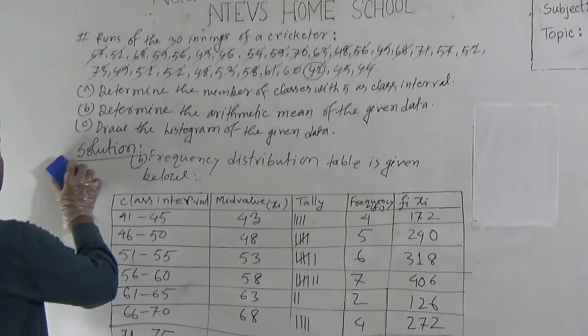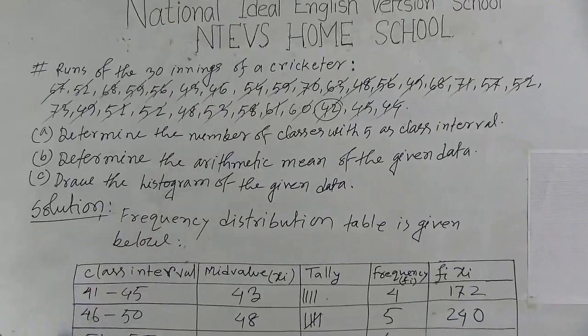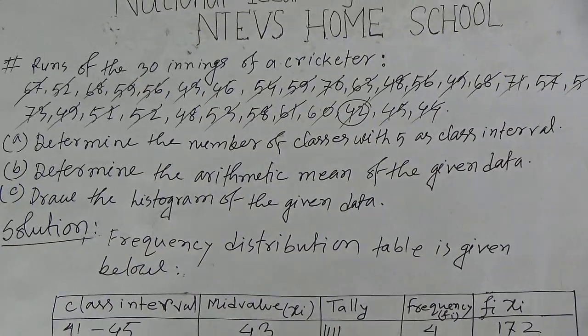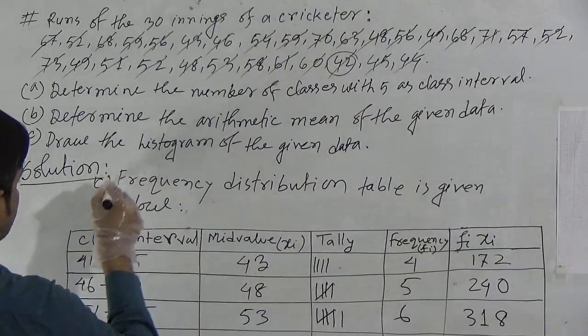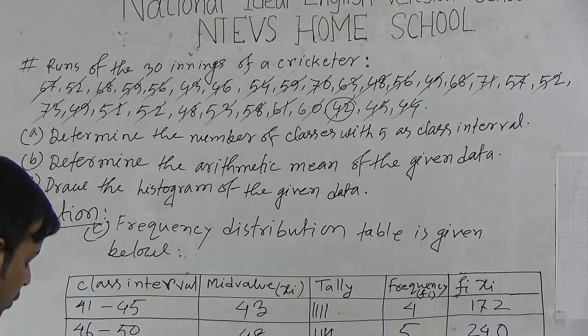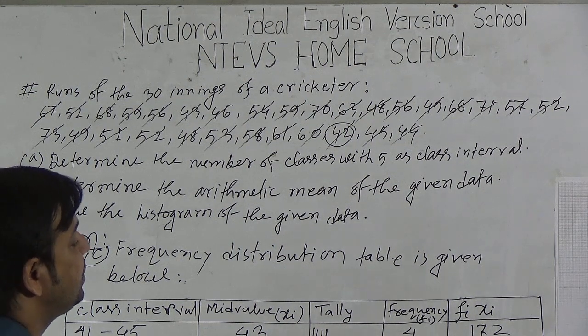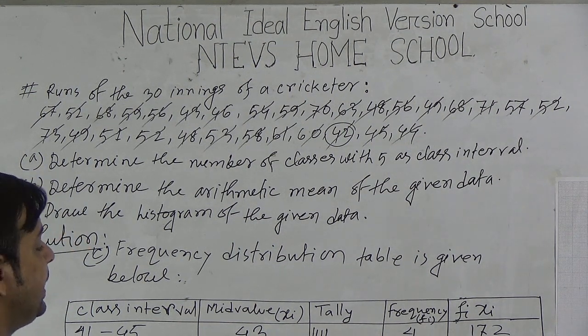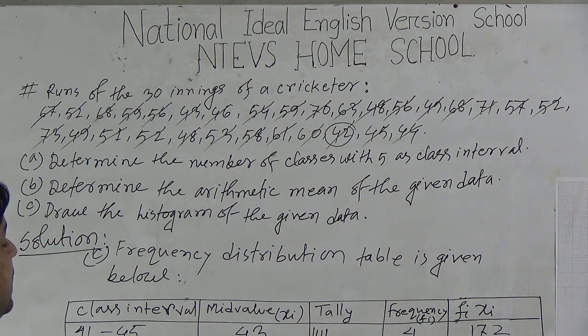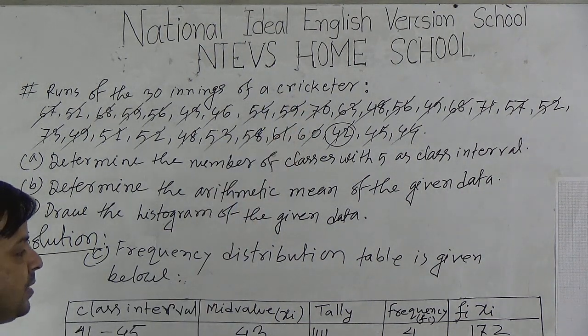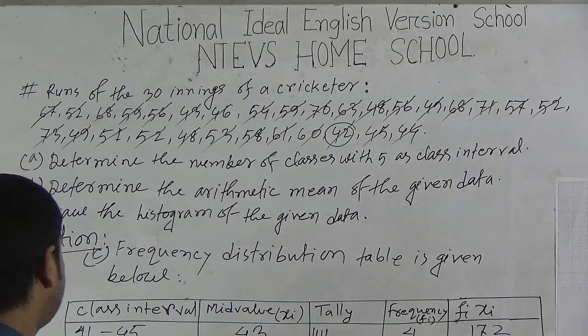Now I have to solve question C. To solve question C, we need the frequency distribution table. But that is a little bit different from the mean table.